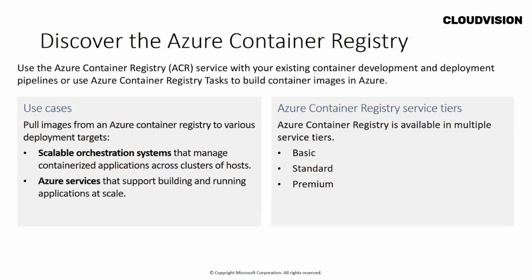Once your image is there in the container registry, you can pull images from the Azure Container Registry to various deployment targets, like scalable orchestration systems. I'm talking about DevOps, managing containerized applications across a cluster of hosts, including Kubernetes, DC/OS, Docker Swarm. So different containerization engines are there, which we can use to manage the containers based on the container image stored in the container registry.